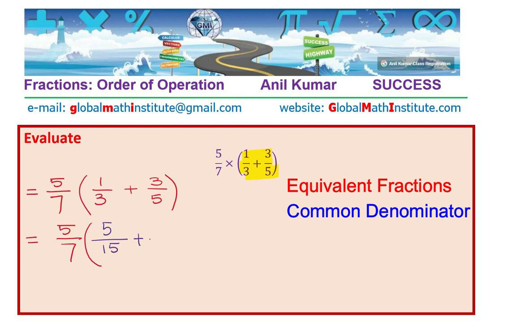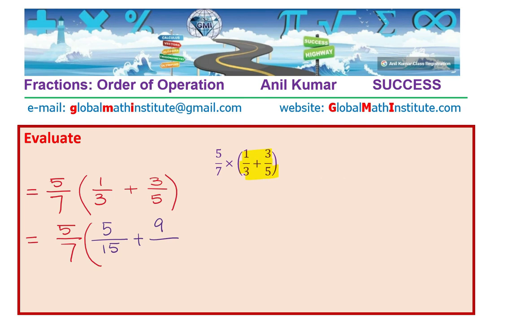And in the other case, we have to multiply both numerator and denominator by 3. So 3 times 5 will be 15, and that comes in the denominator. Once you have the same denominator, then you can add them. So we have 5 over 7, and within the bracket, same denominator 15, add 5 and 9, you get 14.